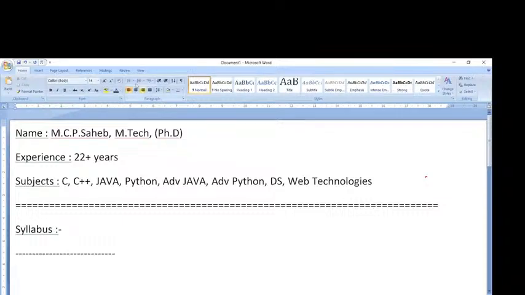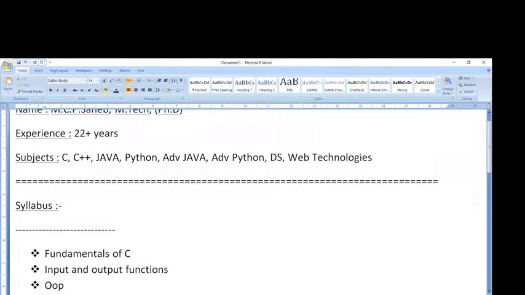I will teach you the fundamentals of C. Next, the input and output functions available in C, and the operators available in C. Control statements like if statement, else, switch statement, while, for, do while, break, continue, goto, like that.